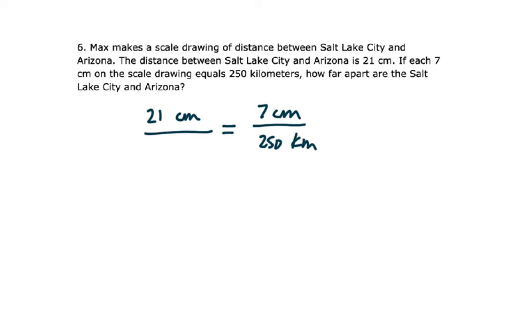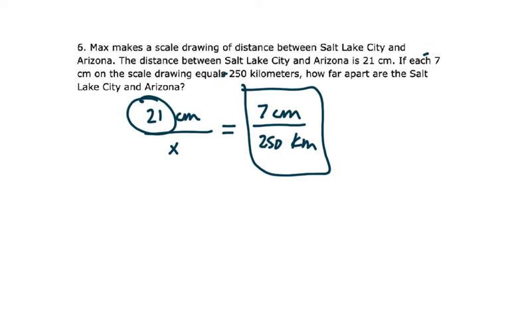That means we want to know how much does the 21 equal in real life, which is x. So again, we would set up a fraction with the scale, 7 to 250. And then we would set up another fraction with the number they give us, with the units matched up. And then x is going to be the last thing that you have.